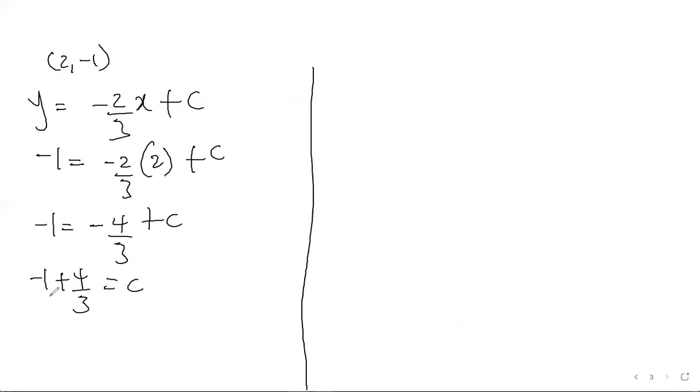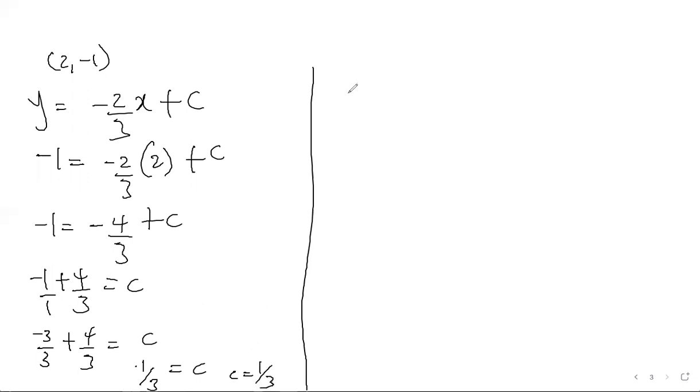If I make this to have the same denominator, I'll have minus 3 over 3 plus 4 over 3. So minus 3 plus 4 will give us 1 over 3. So it means that c will be 1 over 3.